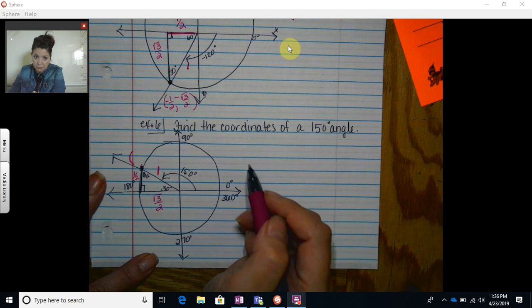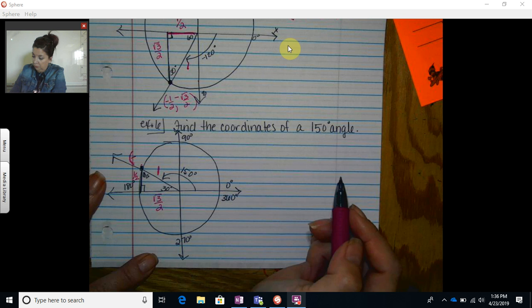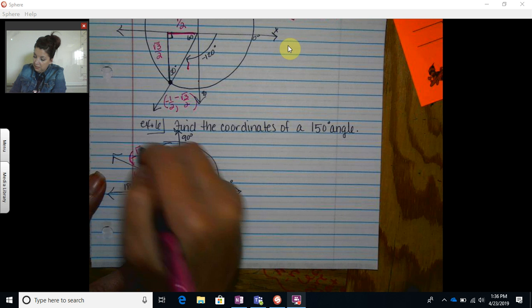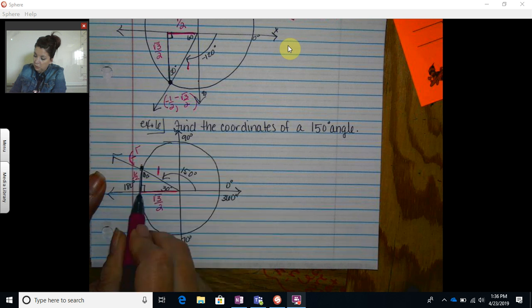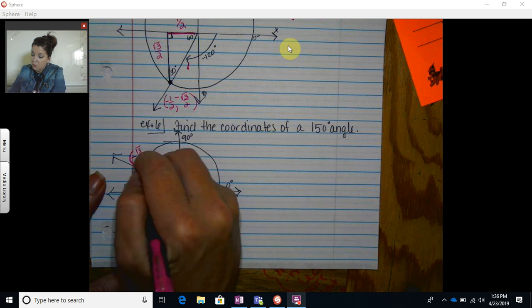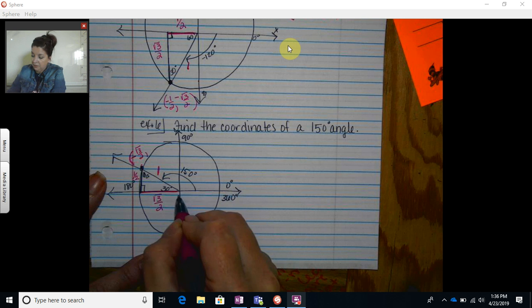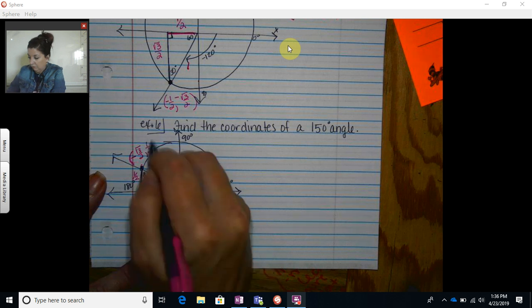So it would be negative what? My base. It's always what's on the x-axis. And my y values, are they going to be positive or negative? Positive. So that's my height, right? Which is 1/2.